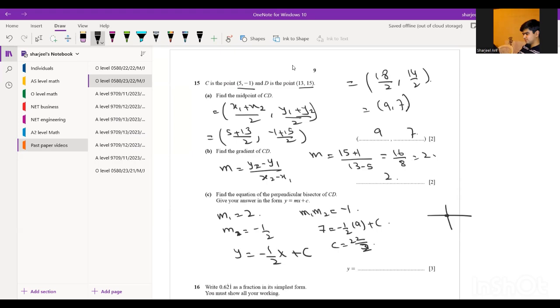So the equation will become y equals minus 1 by 2 x plus 23 by 2. They have given the value of y already, so we just have to write the right hand side.